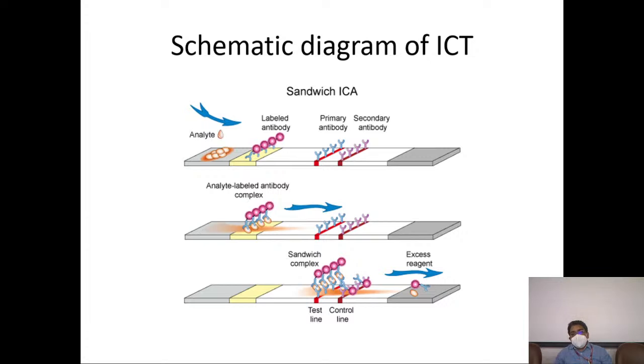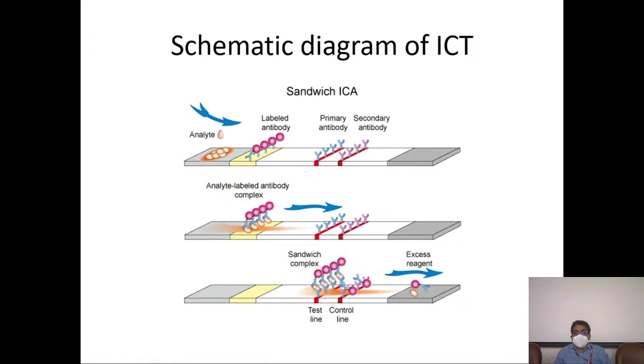And at the control line there is the secondary antibody, which is against the labeled antibody. You can see in the diagram this secondary antibody is against the labeled antibody. We can only add a secondary antibody which will react with whatever is already there in the strip, which we are not adding. If the antigen is not there, the control line should always come positive, then only the test run is valid. That is the validity.